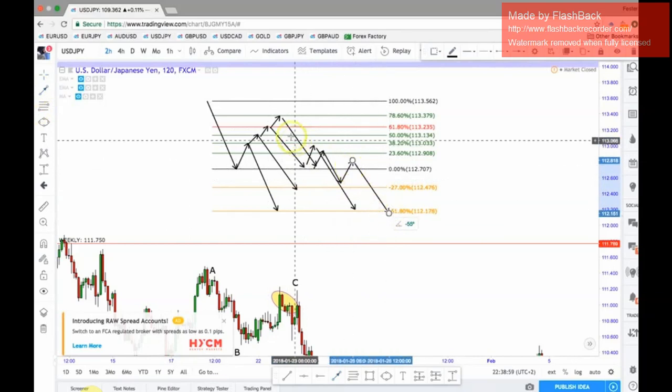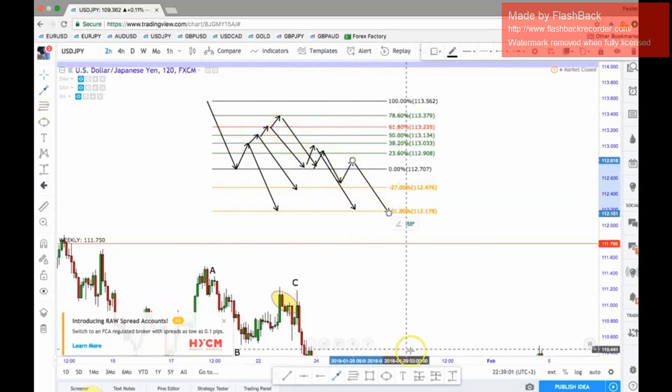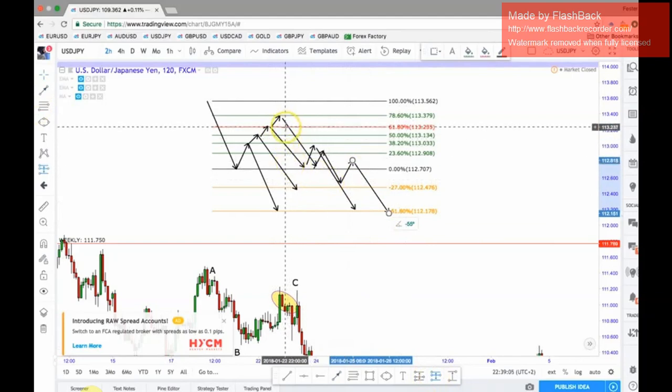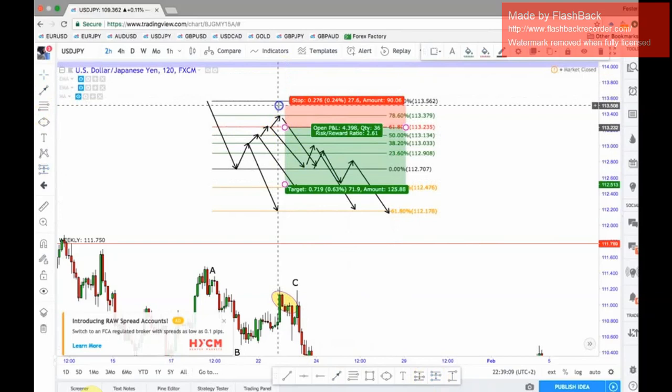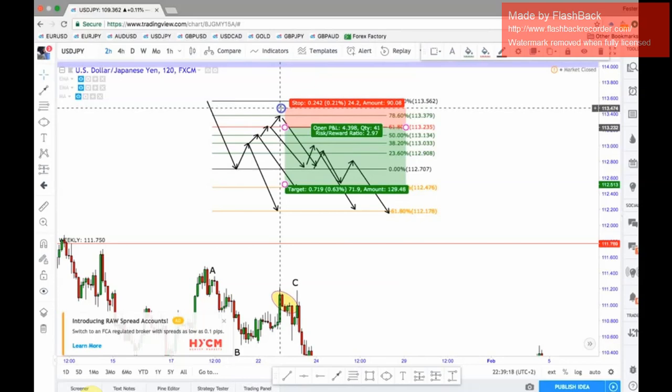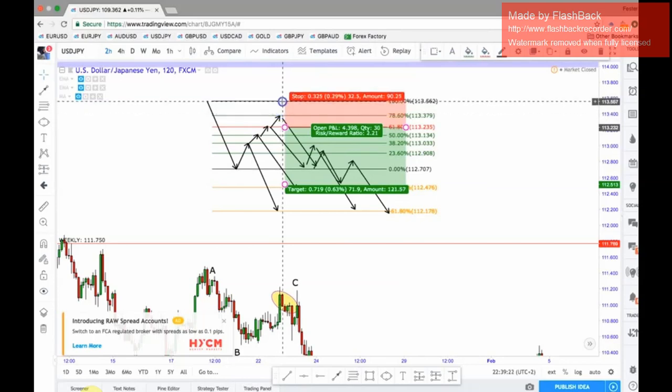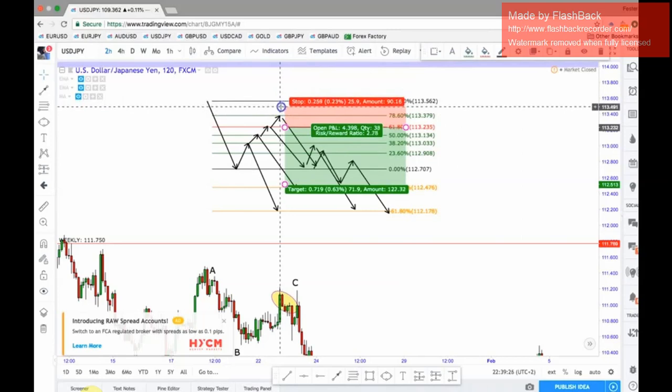Now, why I like to trade the 61.8 is because when you take out your short position tool and grab an entry at the 61.8, and you know the rule of Fibonacci and where your stop loss needs to be, your stop loss needs to always be 30 pips above the 78.6 area. Looking at 78.6, it's showing 113.379.